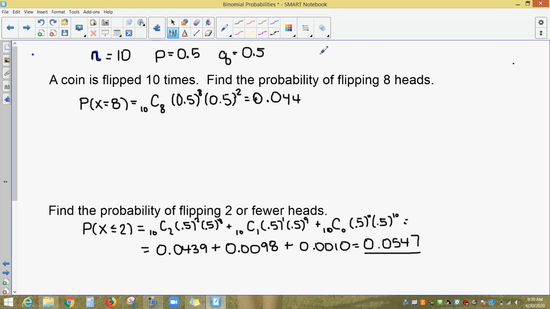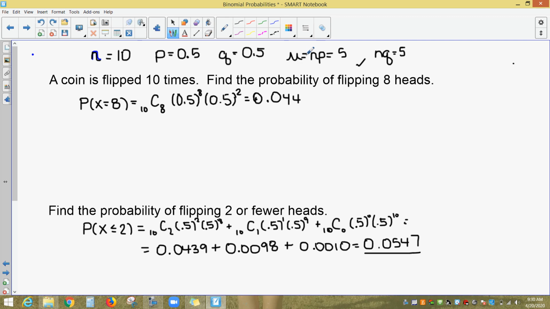Maybe I wanted to practice my normal approximation to the binomial here. So before I do that, I need to check n times p and n times q and see if they're big enough that I can do that. If we take 10 times 0.5 and 10 times 0.5 again, then since both of those numbers are greater than or equal to 5, we can keep going.